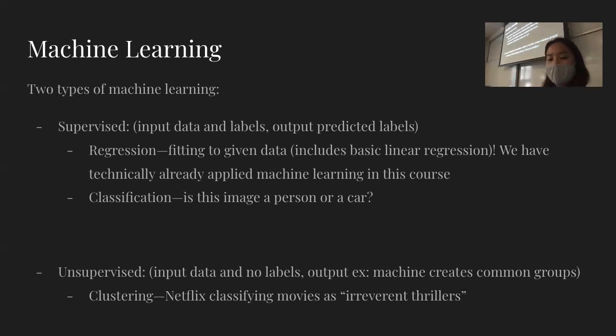And then for each of these clusters, the model will then create common groups and also assign a label based off of common features. So here you're not necessarily telling the model exactly what you want out of it. It'll just cluster it itself.